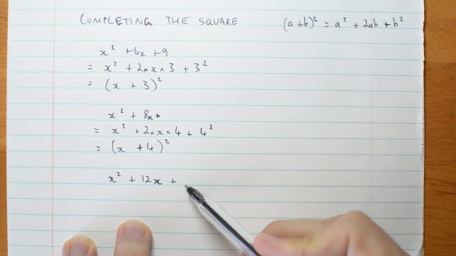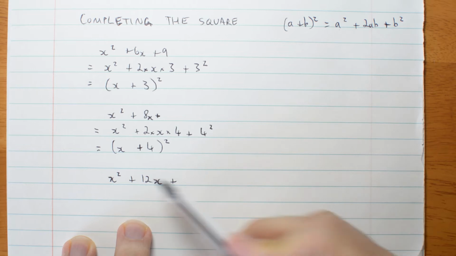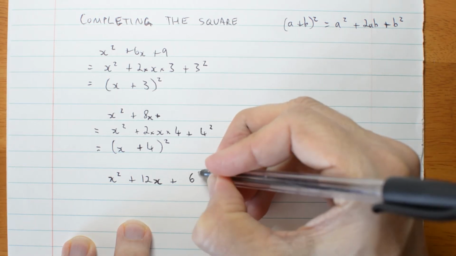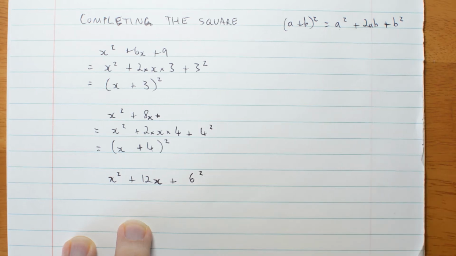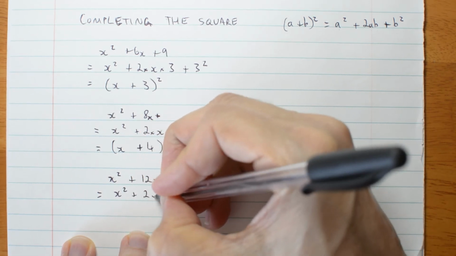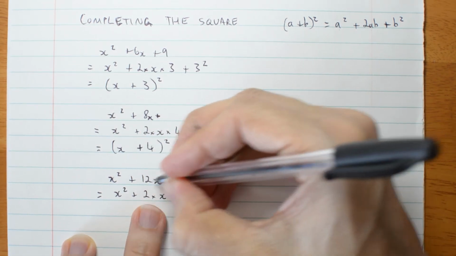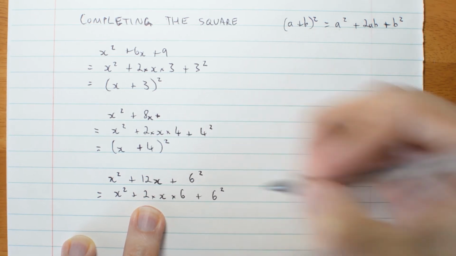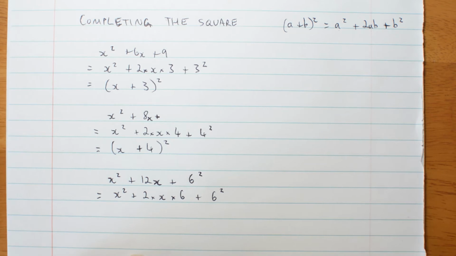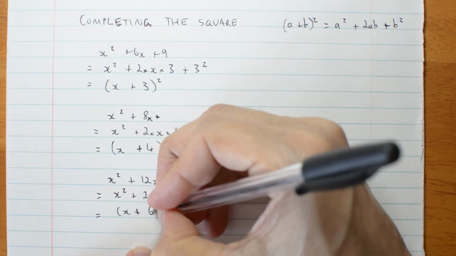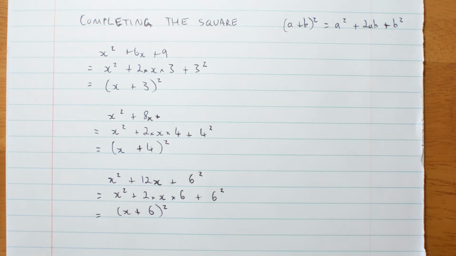Well, the something is always going to be 12 on 2, 6 squared. I'll show you why that works. It's x squared plus 2 times x times what gives me 12, has to be 6. See why that worked? And so it's x plus 6 all squared.